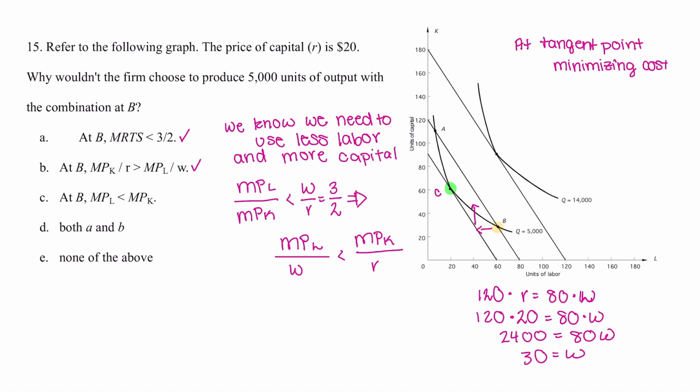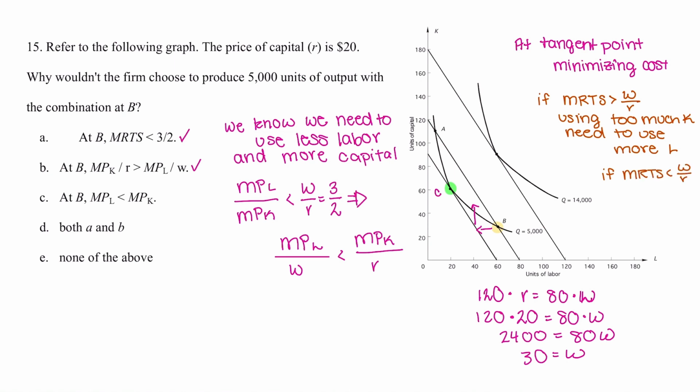Reminder, if you don't remember what we wrote on the very first slide, if your MRTS is greater than your wage ratio, you're using too much K, need to use more L. If it's less, then it's flipped.